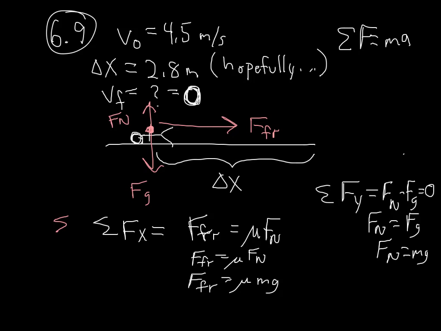Usually we end up with 0 acceleration, so in the y direction we had 0 acceleration. Does this guy sliding into home plate have 0 acceleration? No, he's slowing down. He has some acceleration. So this force of friction, mu Fn, is also equal to mass times acceleration.